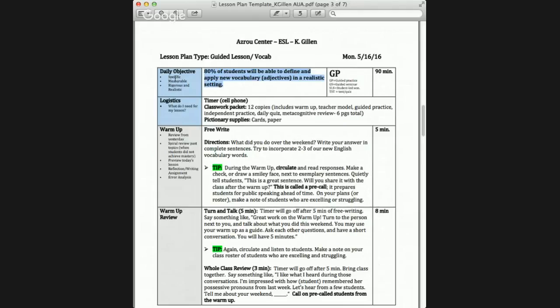So every objective should be really specific. It should be measurable. It should be rigorous and realistic. And that's a really hard balance to strike. Essentially, it should be something that you can attain in a class.